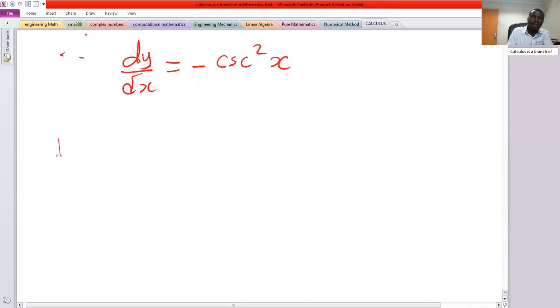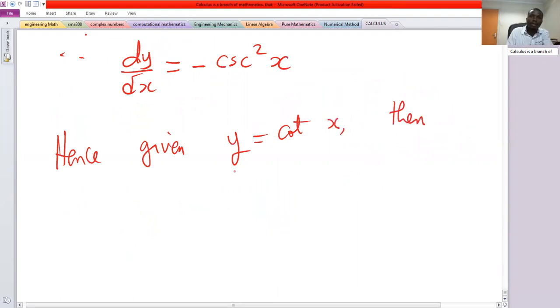Hence, given y equals cot x, then dy dx is negative cosec squared x.